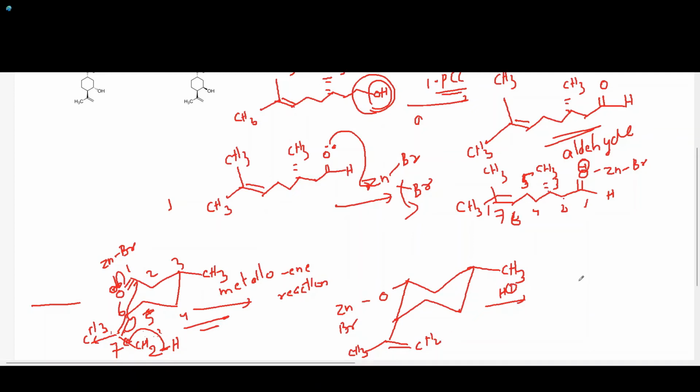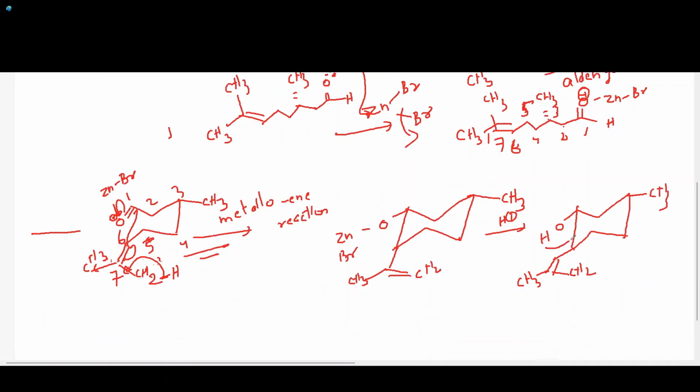So when it goes, you have your OH, right? OH CH3, and as we know, the more stable form of cyclohexane is that the bulky groups always occupy the equatorial position. So your OH will also be in the equatorial position, and this ene group will also be in the equatorial position.